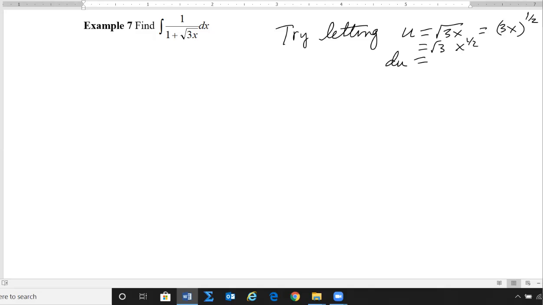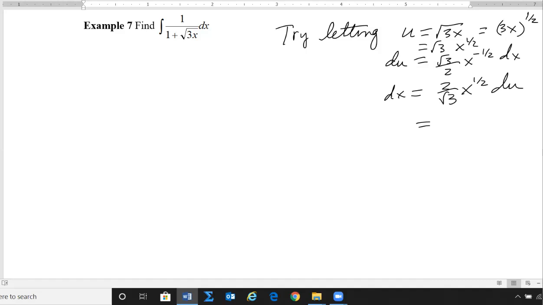So my derivative will become root 3 over 2 times an x to the negative 1 half dx. So that's what du is. That means we would have, let's see, dx would have to be 2 over root 3 x to the 1 half du.